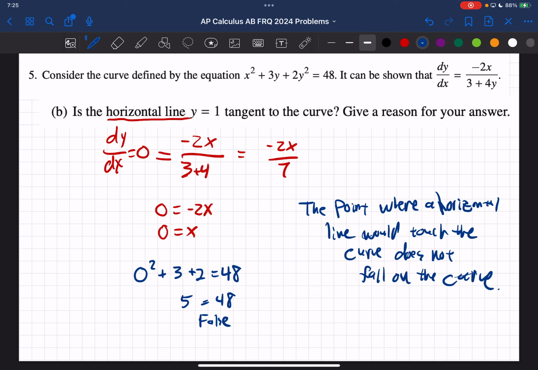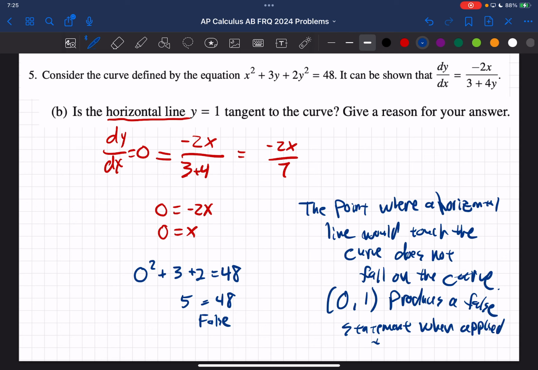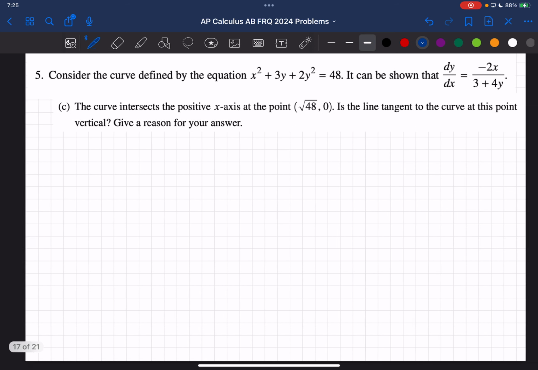That is our reason, because the point 0, 1 produces a false statement when applied to the curve. And there are probably several other ways you can do that. I've just given you two different ways to explain that as a reason.